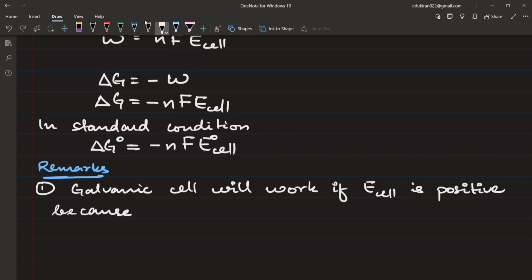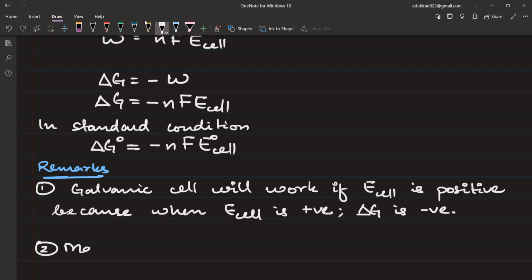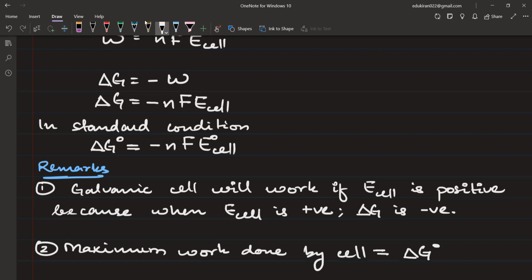Because when E cell is positive, delta G is negative. Second point, maximum work done by cell is equal to delta G naught. Okay, so in the standard condition, that is the maximum work done by a cell.